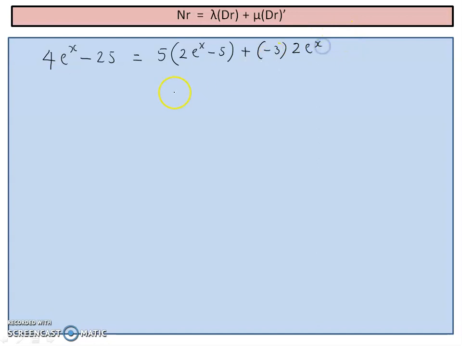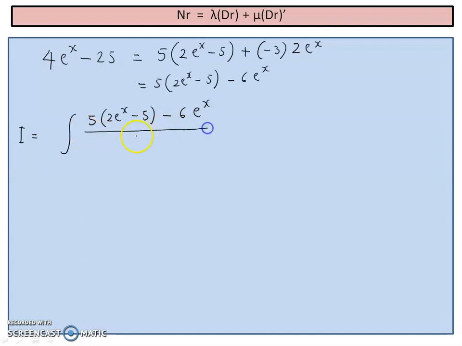2e^x. So I get the numerator as 5 into 2e^x − 5 minus 6e^x. समझ गए बच्चों? बराबर है? चलो, now my integration becomes: numerator I will write down as 5 into (2e^x − 5) minus 6 times e^x, divided by the denominator.